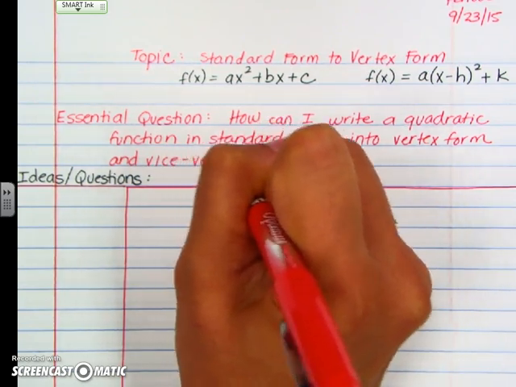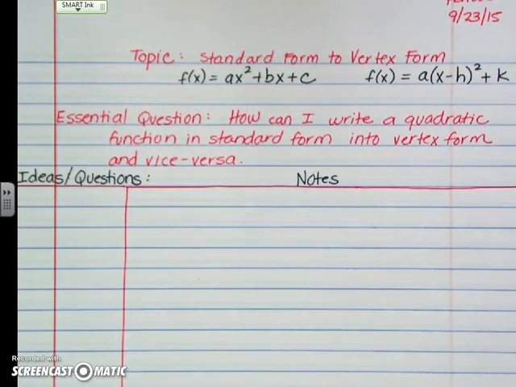So if I have the function in vertex form, how can I write it into standard form?